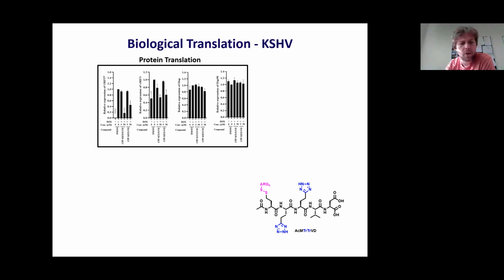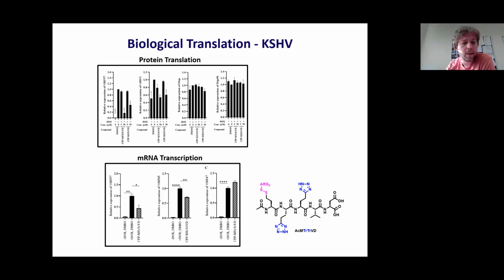We also saw this at a transcriptional level, where some of the genes that are important markers of lytic replication are also not being transcribed from the genome. So together, this indicated that these compounds, through their putative inhibition of the protein-protein interaction, are actually capable, at least from our preliminary evidence, of inhibiting the conversion of KSHV from latent to lytic replication.